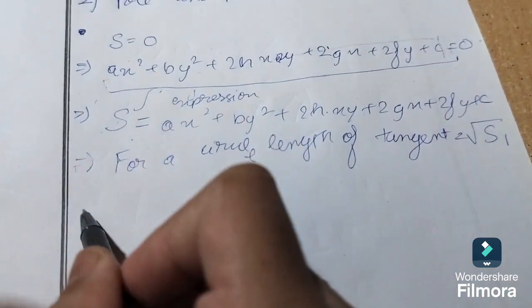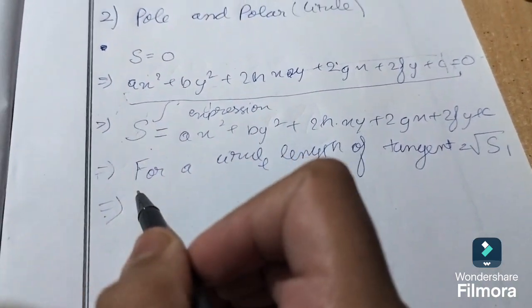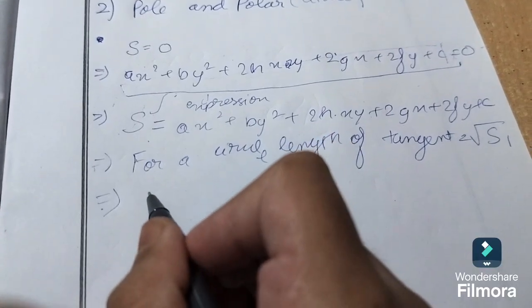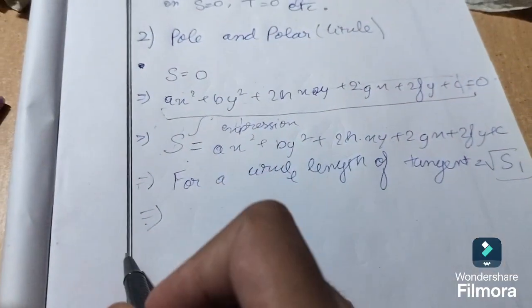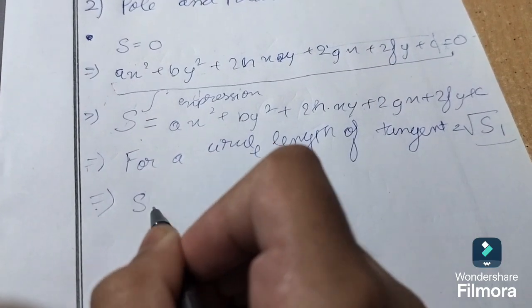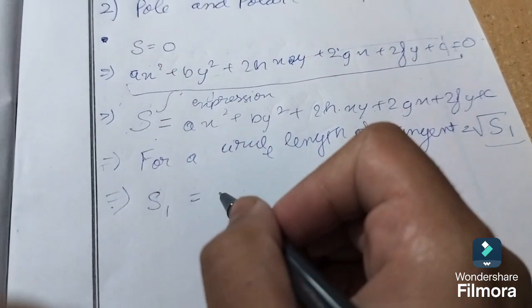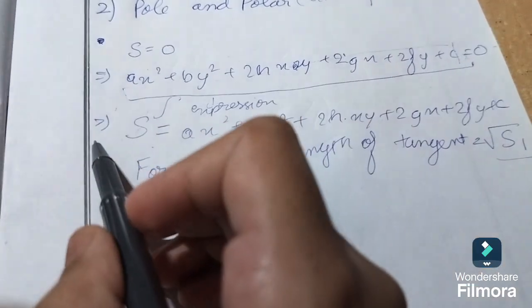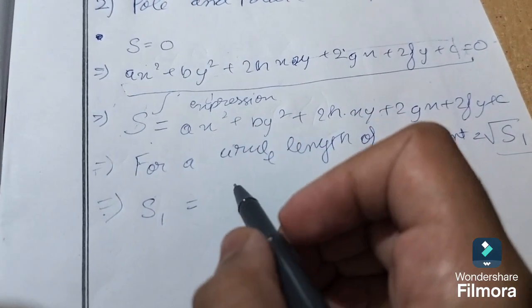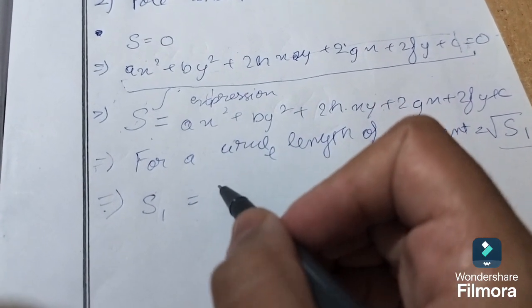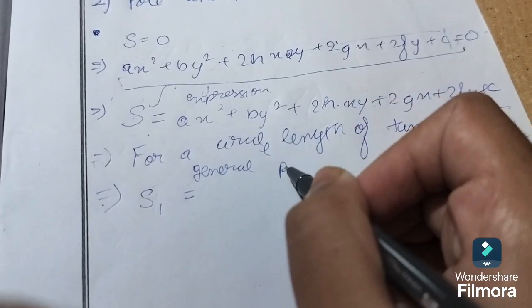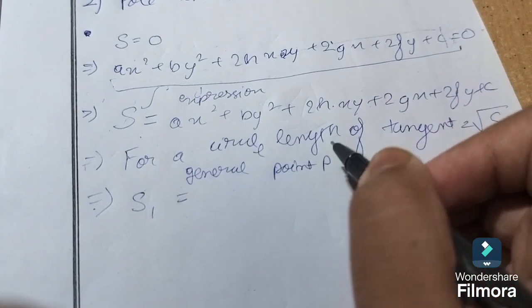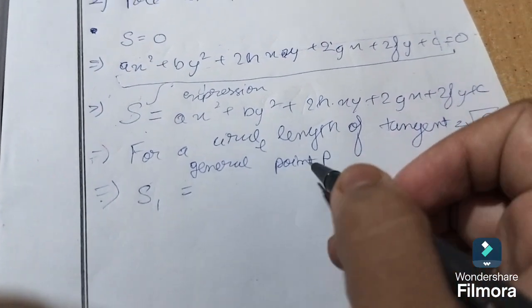So now let's talk of S1. What is this S1? Actually S1 is equal to S of P. This is S, and you have a general point P, meaning any point.